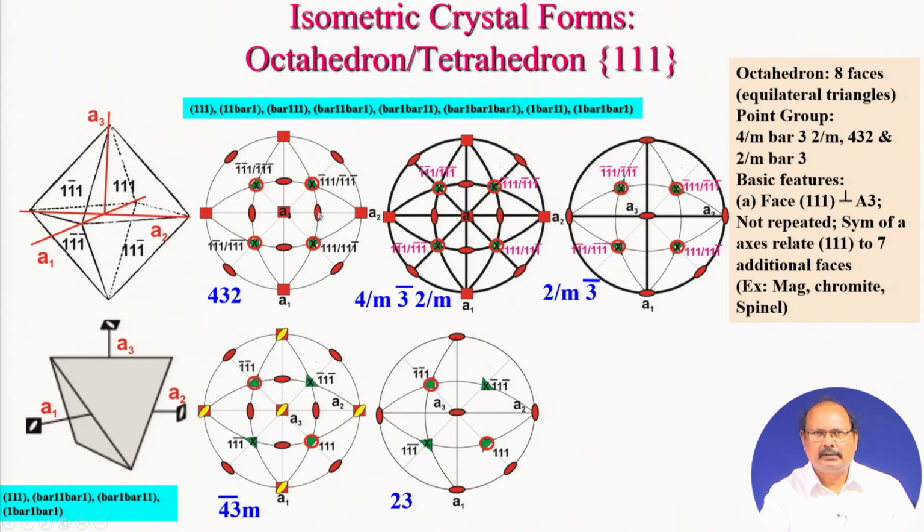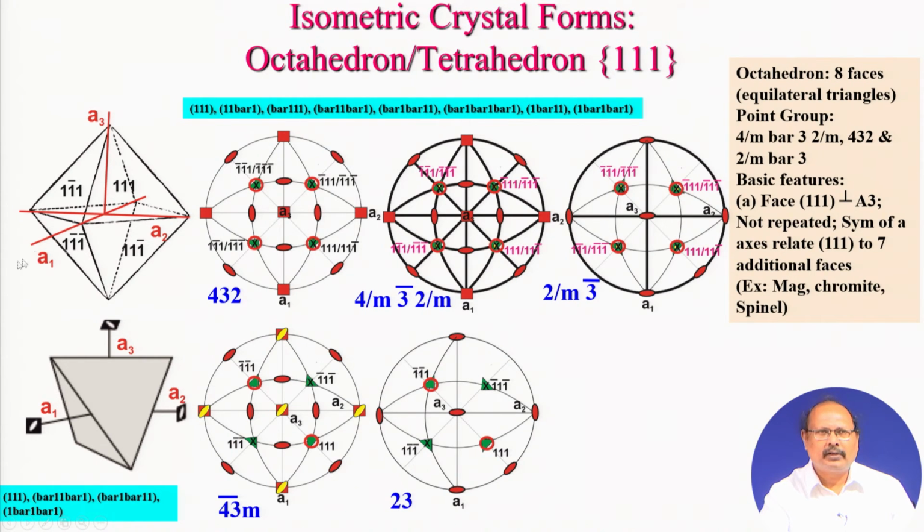So, from a starting 1 1 1, you have a total of 8 crystal faces, which can be subdivided into 4 which intersect the positive direction of A3 axis, and 4 which intersect the negative direction of A3 axis. These 8 faces are equilateral triangles, and they give rise to a crystal form which is called octahedron, and this is the model of an octahedron here.